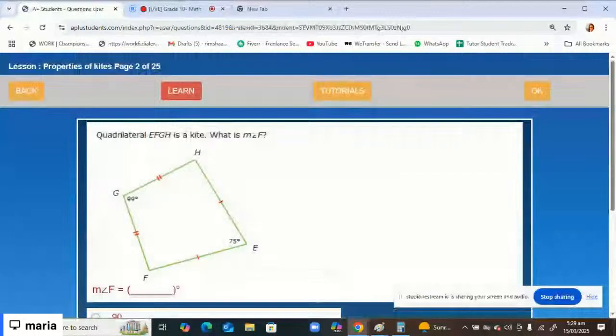So quadrilateral E, F, G and H is a kite. So what is angle F? Okay. G is given and E is given. So what is G?